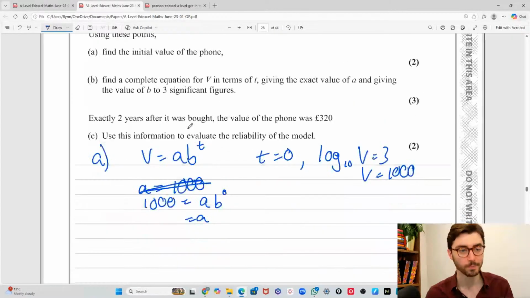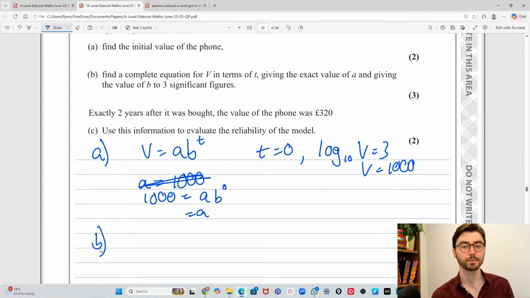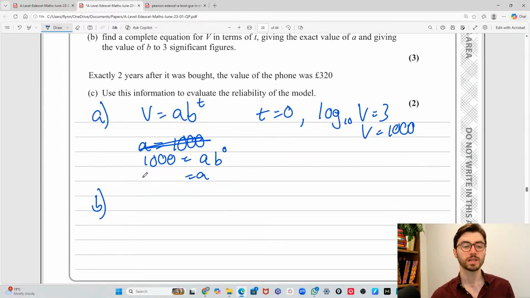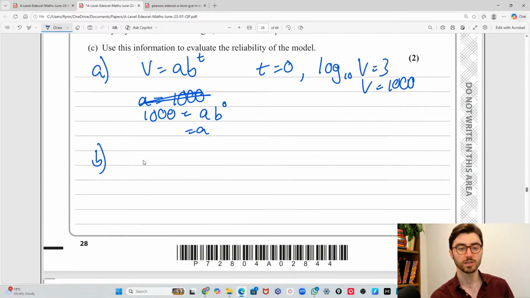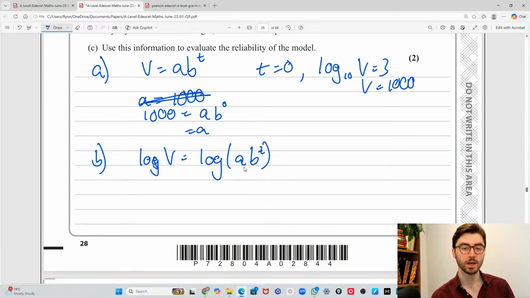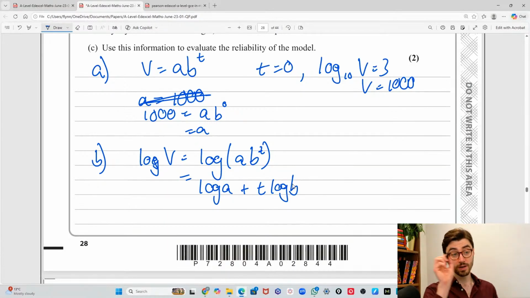It's the initial value. So for b, we're going to take log to base 10 of both sides. So log v is equal to log of ab to the t, which is equal to log a plus t log b. Now, on a graph of log v against t, the gradient will be log b and the intercept will be log a.